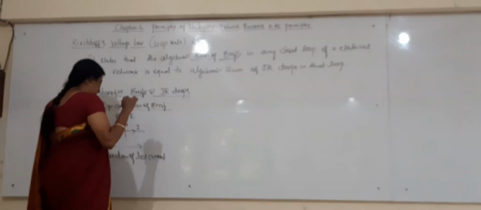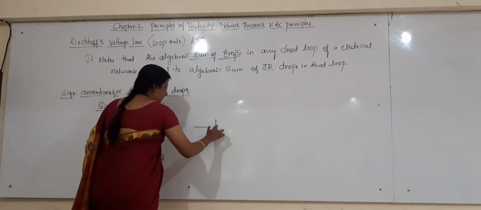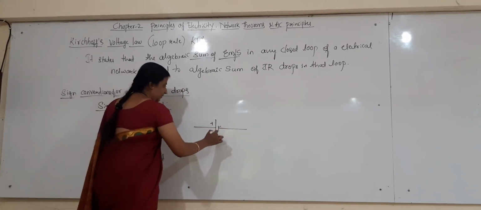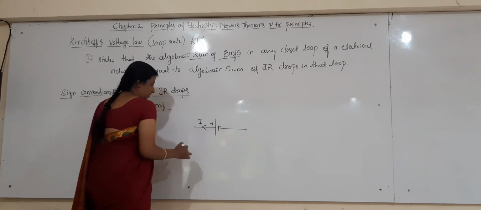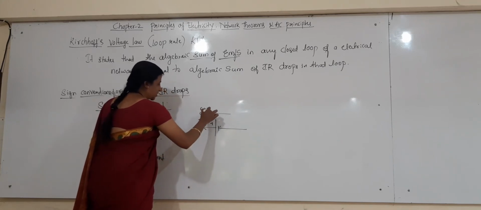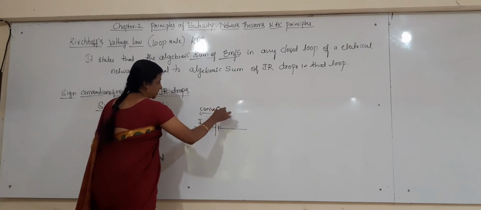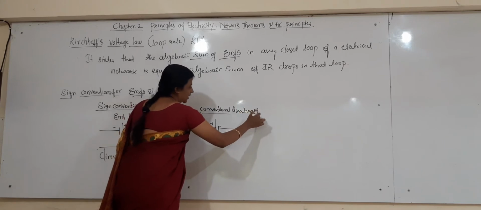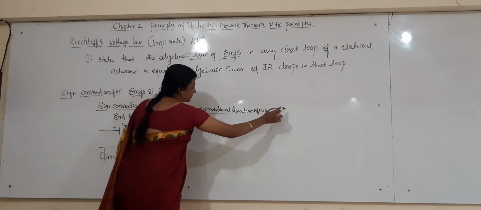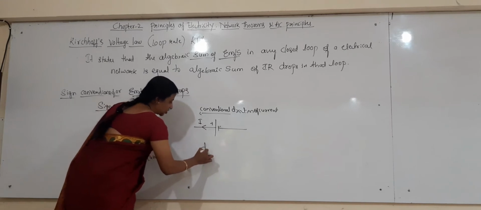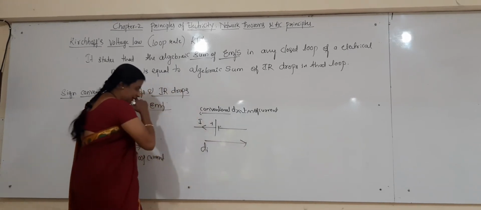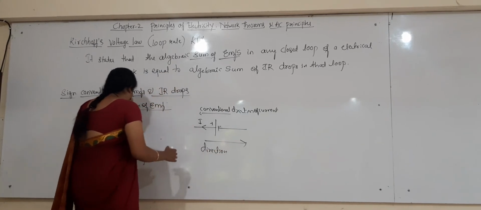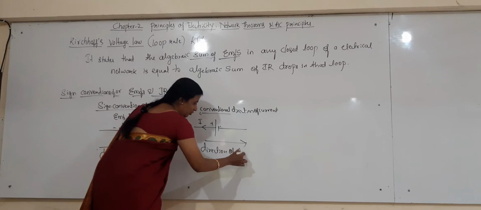And one more case is there. Here the battery or cell is reversed in this manner, then current flows in this direction, that is the conventional direction of current, and this one is the direction of loop current.